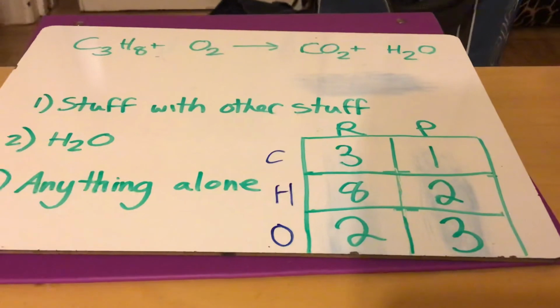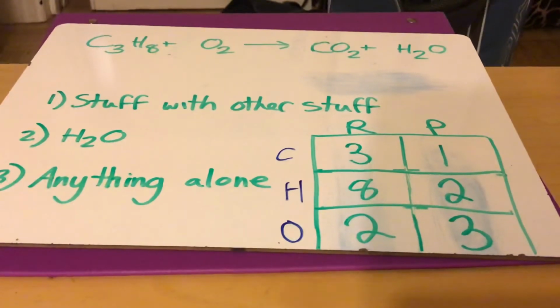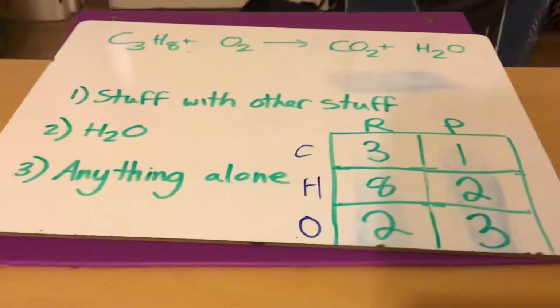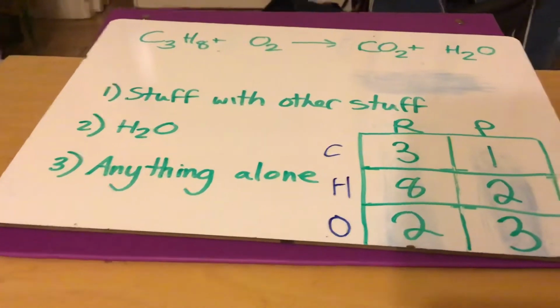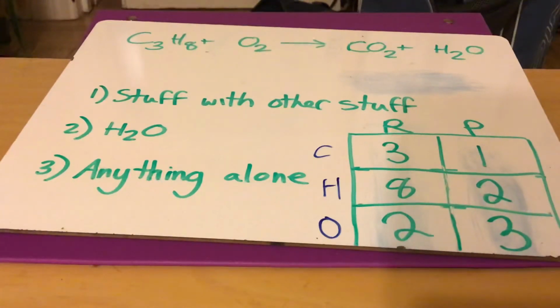And so we need to balance this equation so that we have the same amount of each element on the left side, the reactant side, as we do on the right side, the product side. And these are the 3 basic steps that we're going to follow. What we're going to do is adjust the number of molecules of each substance so that we end up with the same number of atoms of each element on one side as we do on the other.